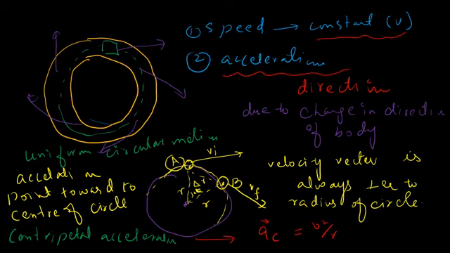We can derive this relation of centripetal acceleration. The centripetal acceleration is the important quantity which we need to calculate for uniform circular motion, in which the speed is constant but the body is changing its direction, due to which it produces the centripetal acceleration, having the magnitude equal to v squared over r.